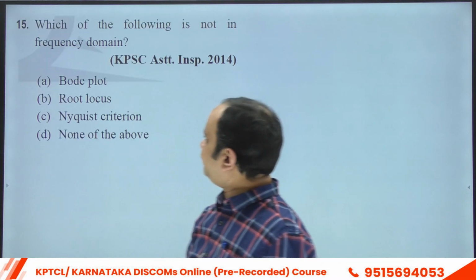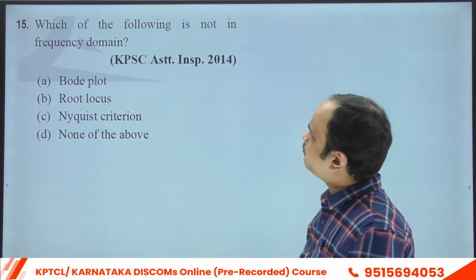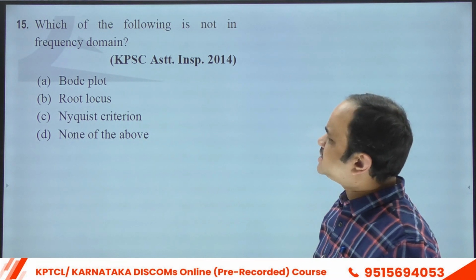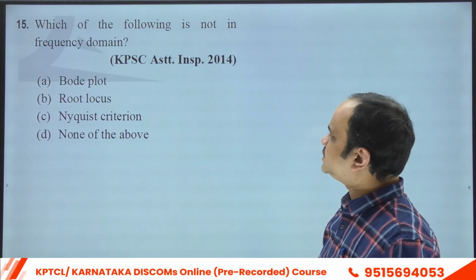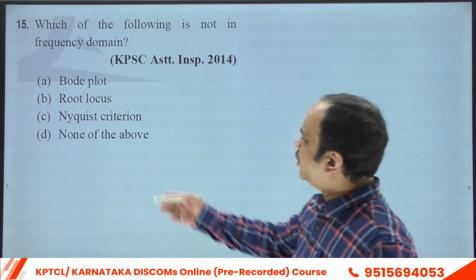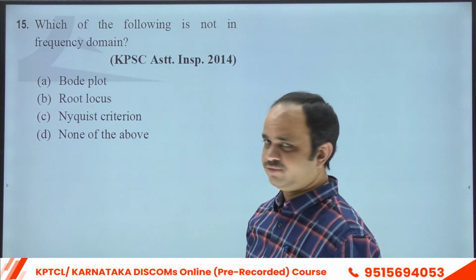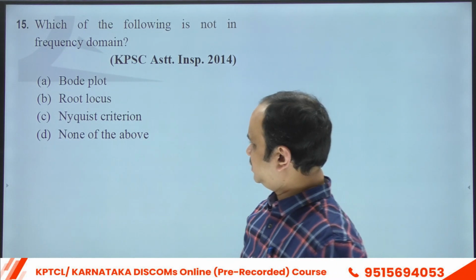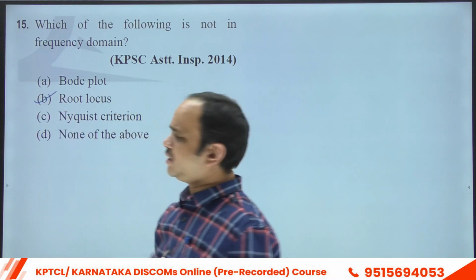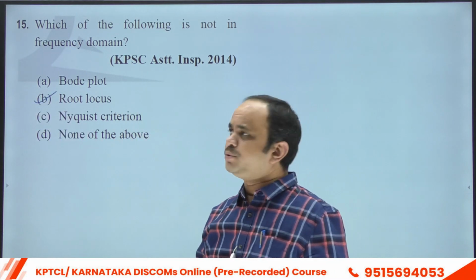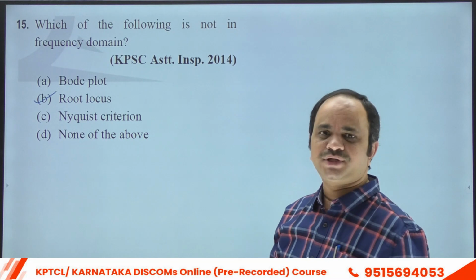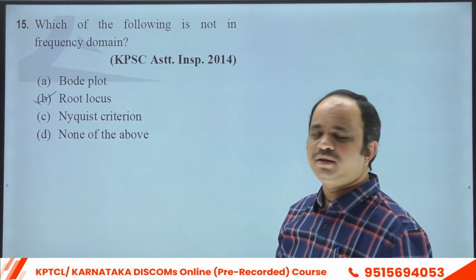Next, which of the following is not in the frequency domain? Of course, Bode plot, Nyquist criterion and polar plots are all frequency response analysis. Root locus comes under time response analysis. Therefore for this question root locus will be the best answer.